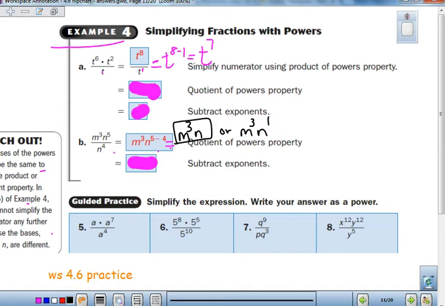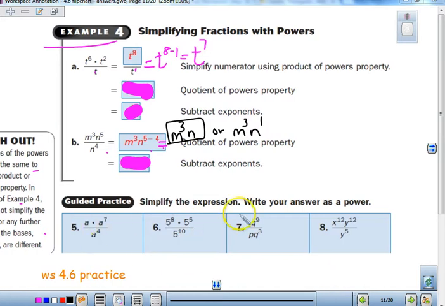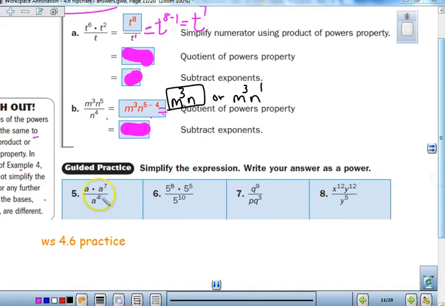You now want to do example 5, 6, 7, and 8. I'm going to do two of them, and you'll do the other. So if we are taking a look at number 5, you should write this right below example 4 for your guided practice. a times a to the 7th divided by a to the 4th, remembering our rule.